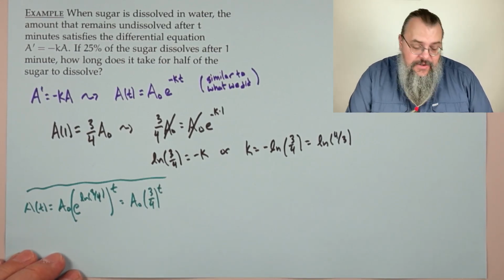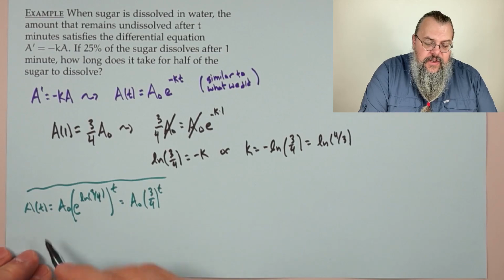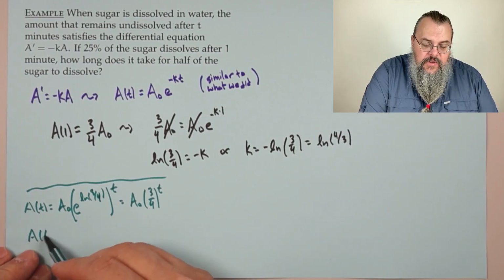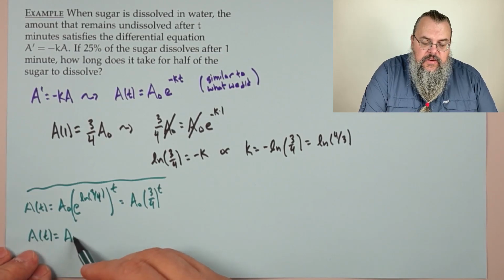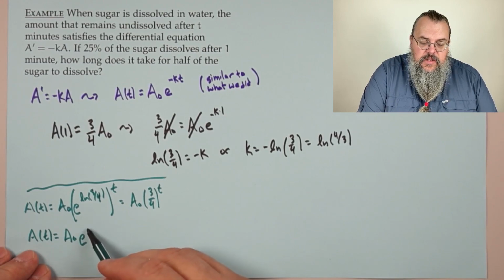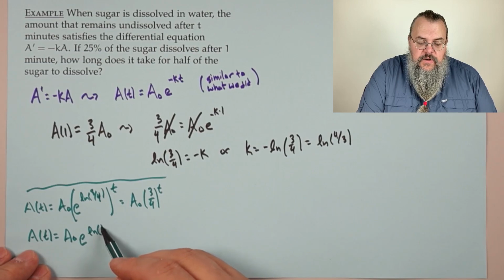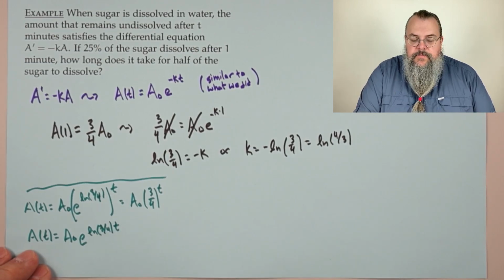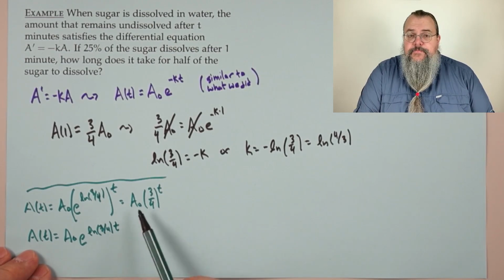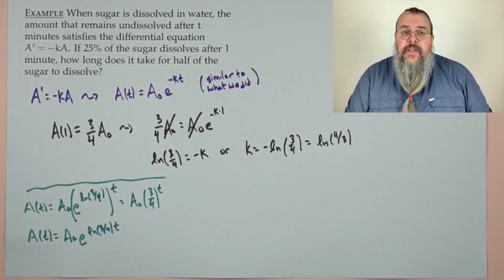Or you could just leave it with A(t) is A0 e to the, well, I can say log of 3/4 or minus log of 4/3, whichever one I'm in the mood for. These are the same.